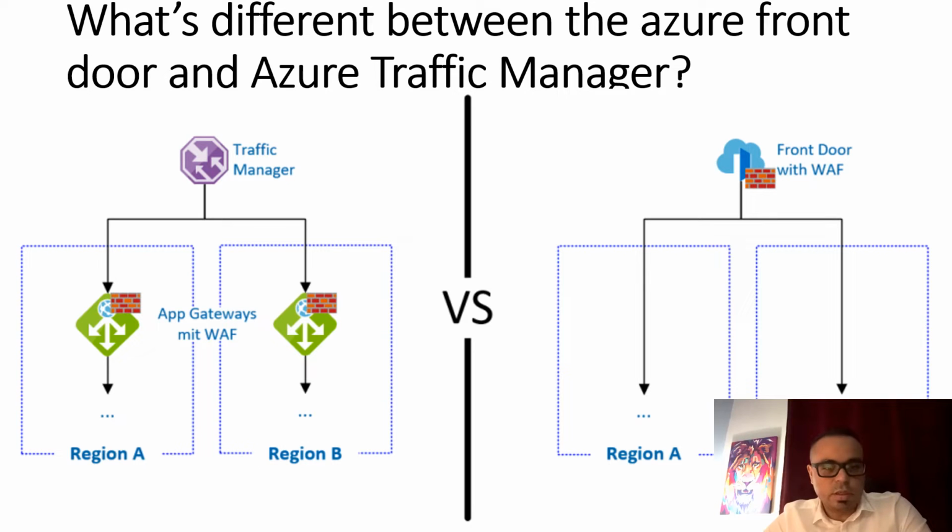And closest region routing means traffic is automatically routed to the closest region.